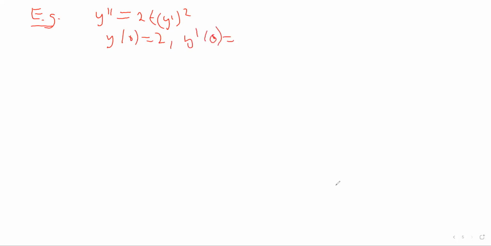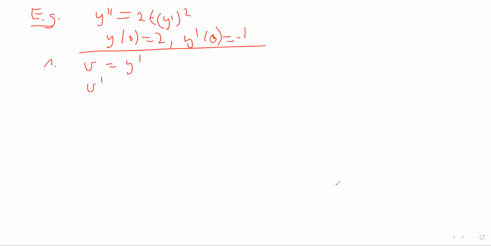Okay, so an example is that we can have y double prime is equal to minus 2t y prime squared, with initial conditions y of 0 equal to 2 and y prime of 0 equal to -1. So step 1, we introduce v such that v is equal to y prime.